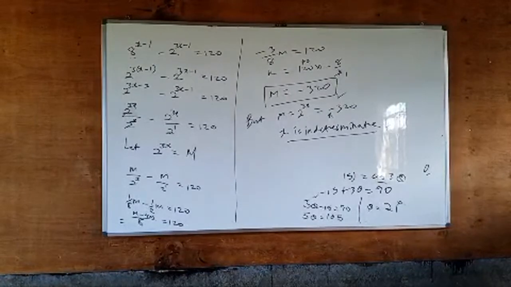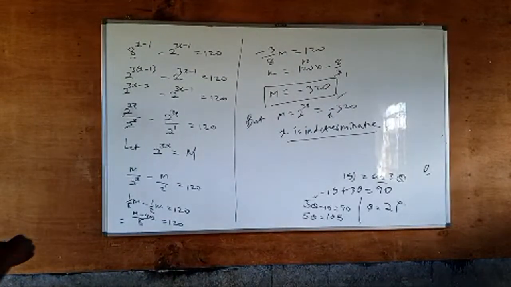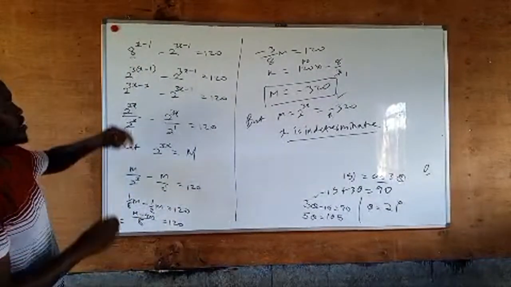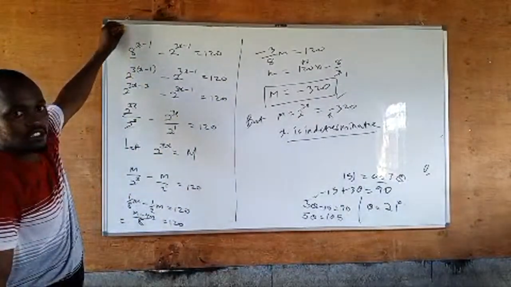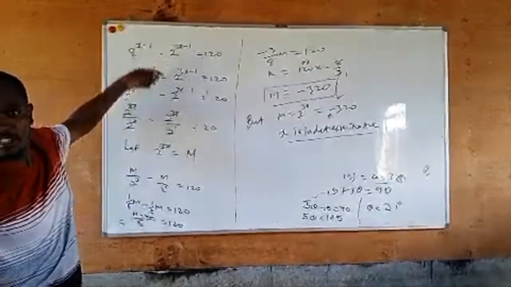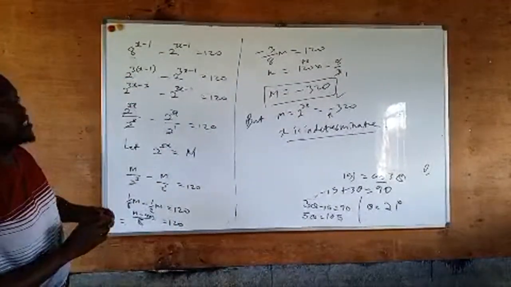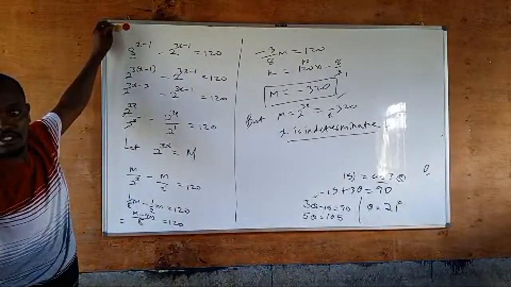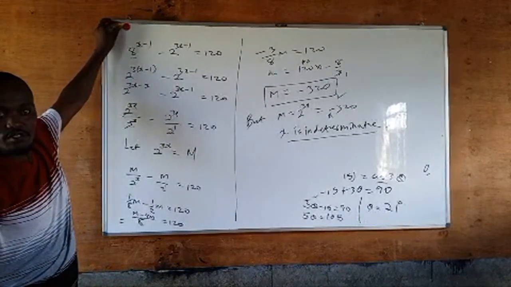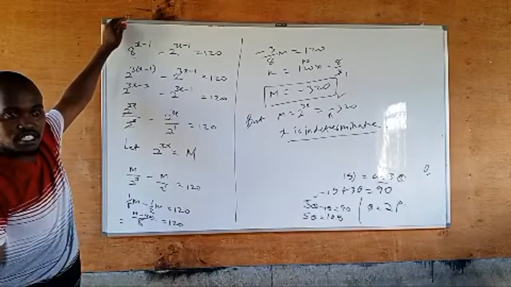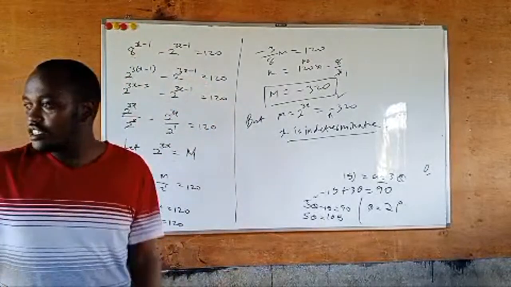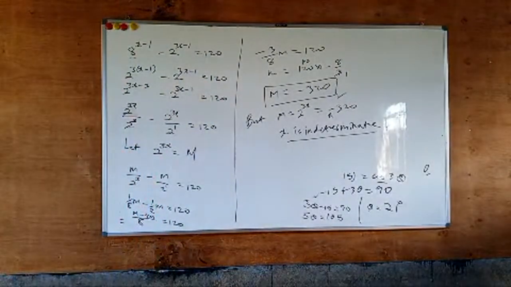Hivyo? Hivyo umeandika jina yako. So tuko hivyo. Watu kuna wengi wanaenda form 4. Unaenda form 4? Unaenda form 4. Unaenda form 3. Vincent kama watano.